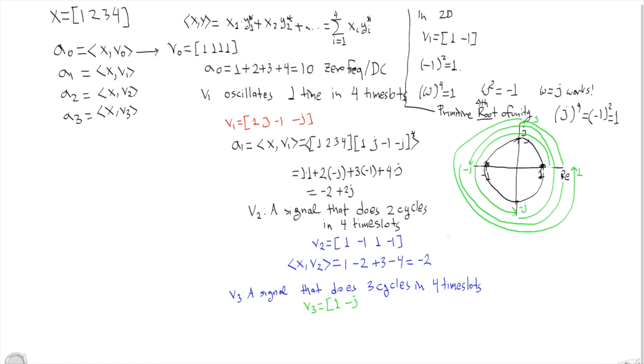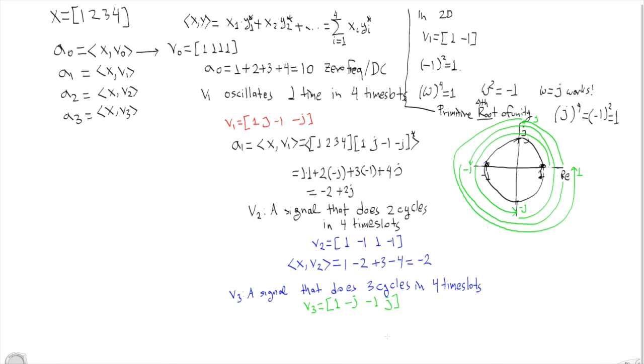and then it's going to go to minus j, and the next thing to do is minus 1. The next thing to do is j. And the next thing to do is 1, so we have done a full cycle.